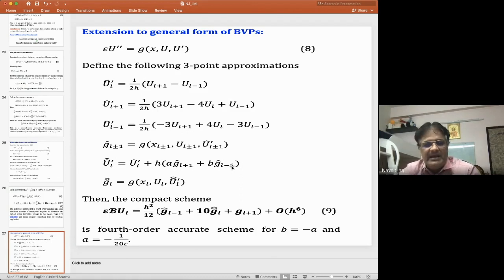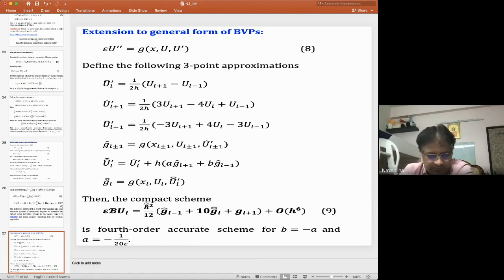A and b at this moment are not known to us. This is just a parameter, so that later on, when we expand our scheme, we need to determine values of a and b in such a way that leads to the higher order scheme.